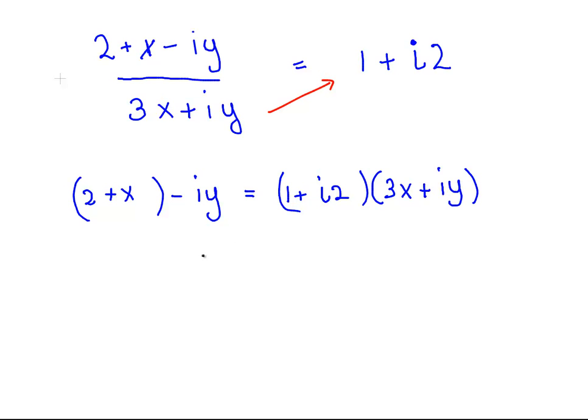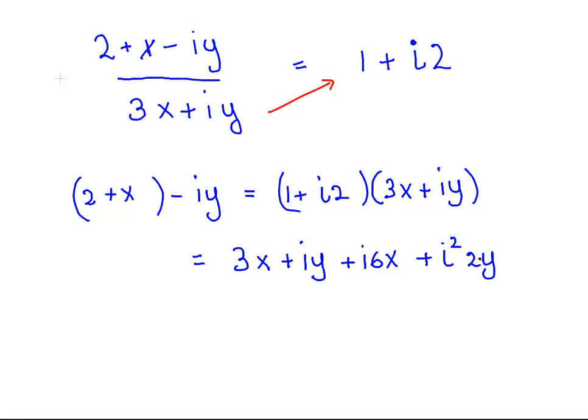Let's just multiply that out. We would get 3x plus iy, so that's just multiplying it by 1. Then we have plus 6x times i, so just put the i in front there. And finally we have plus i squared 2y.